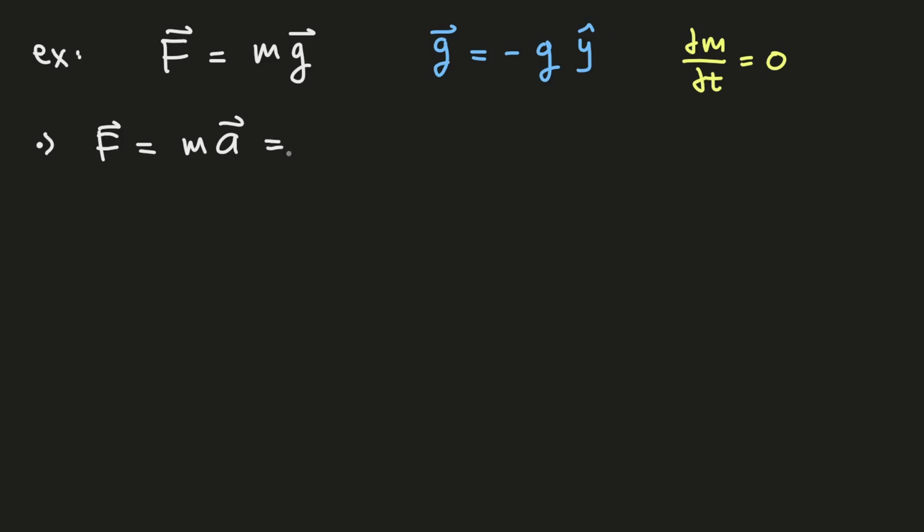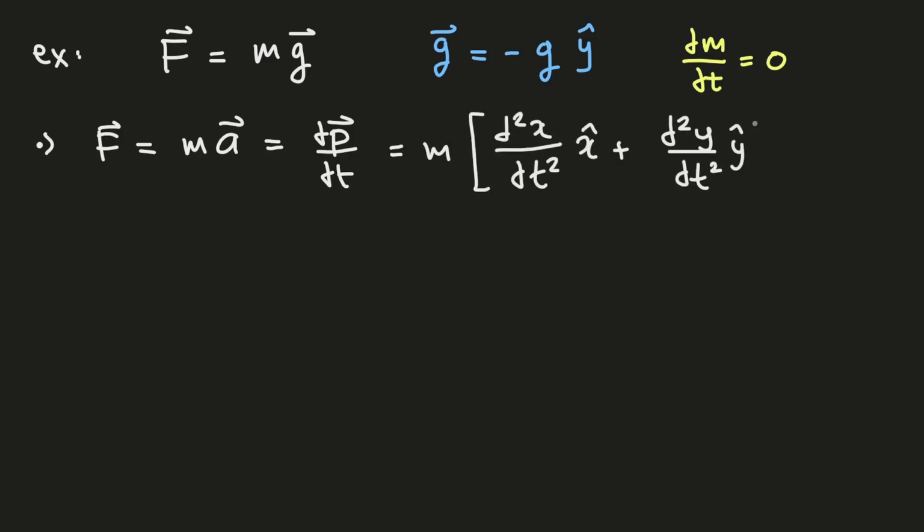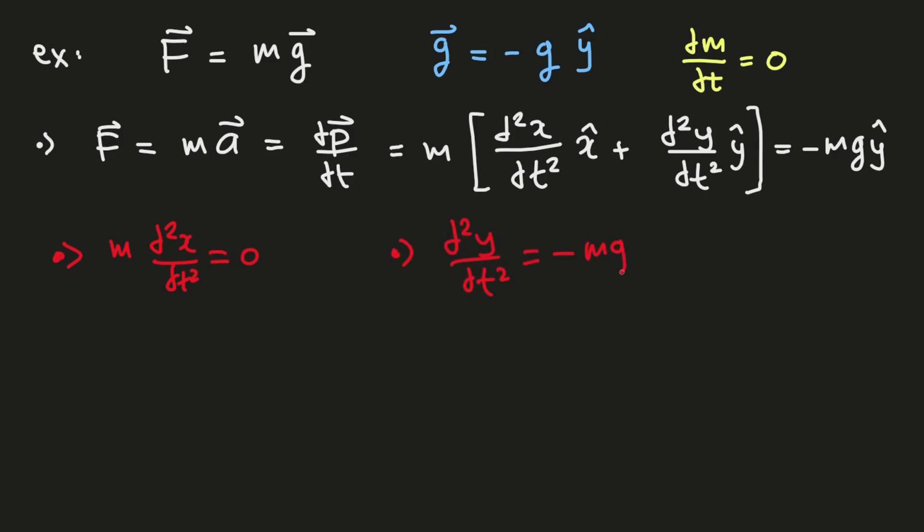So by the definition of force, the acceleration part will lead to this equation, which equals the motion factor, minus mg y hat, in Cartesian coordinates. And by the linear independence between x hat and y hat in Cartesian coordinates, we get two differential equations like this, for both x and y.